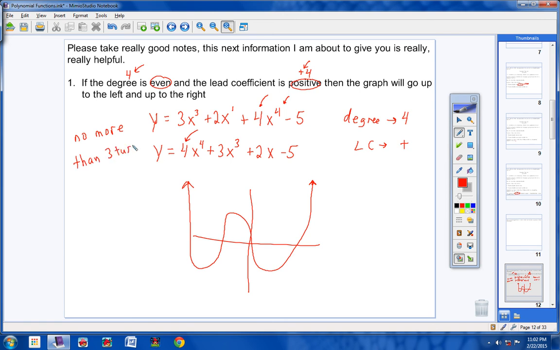Now, listen to me, students. It does not have to take 3 turns, okay? But it won't take more than 3. So it'll make 1 turn, 2 turns, or 3 turns.